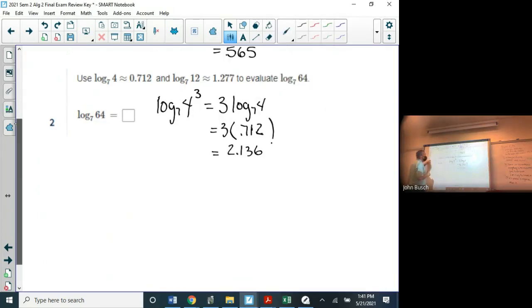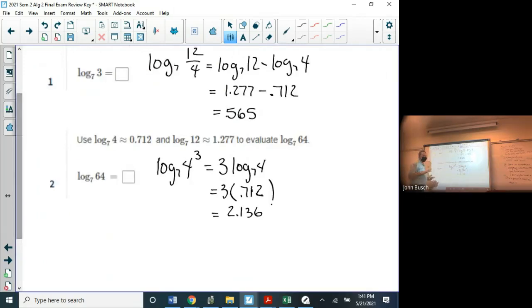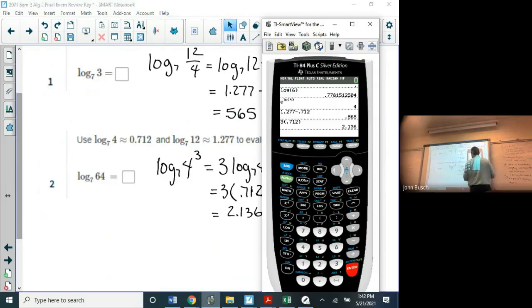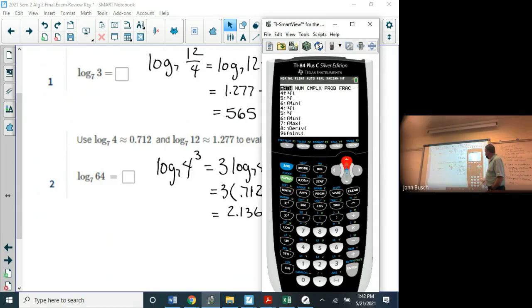Okay. Now, if this is a multiple choice test, you probably could use the calculator's log base function, like log base 7 of 64.